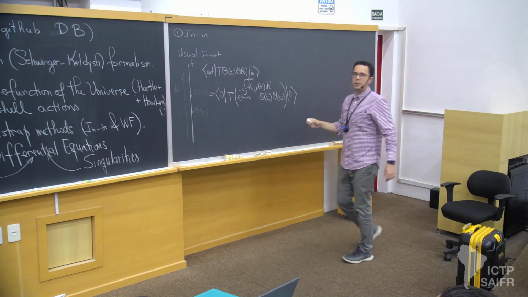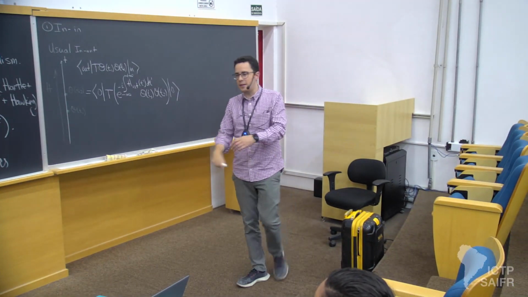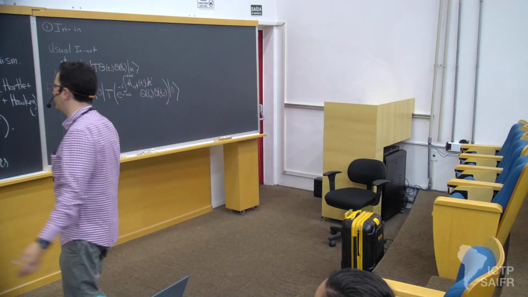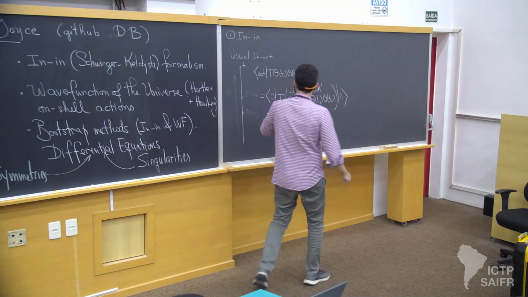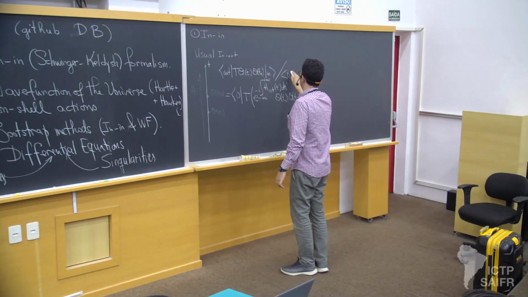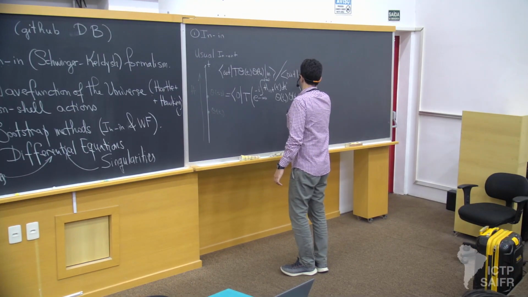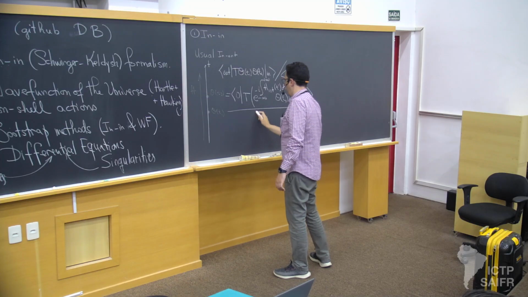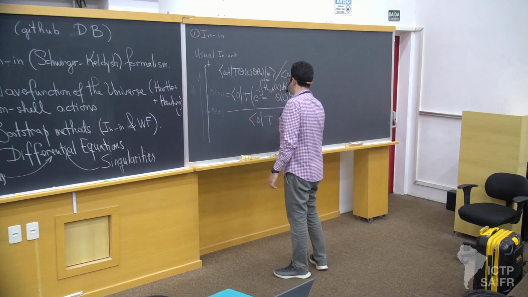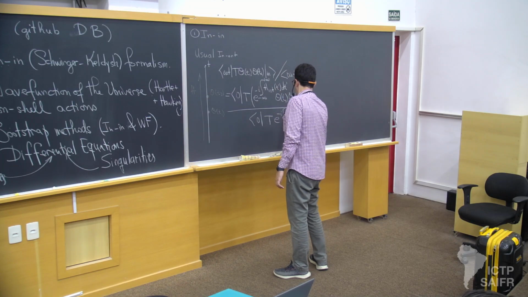And to make sense of this, we introduce the usual machinery, Feynman diagrams and propagators. It's essentially about this object divided by out, in, divided by the vacuum expectation of the time ordered e to the minus i integral H int.